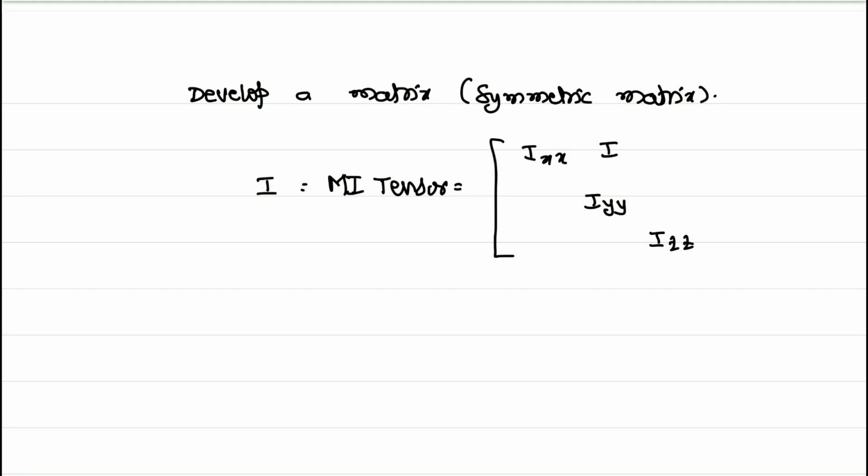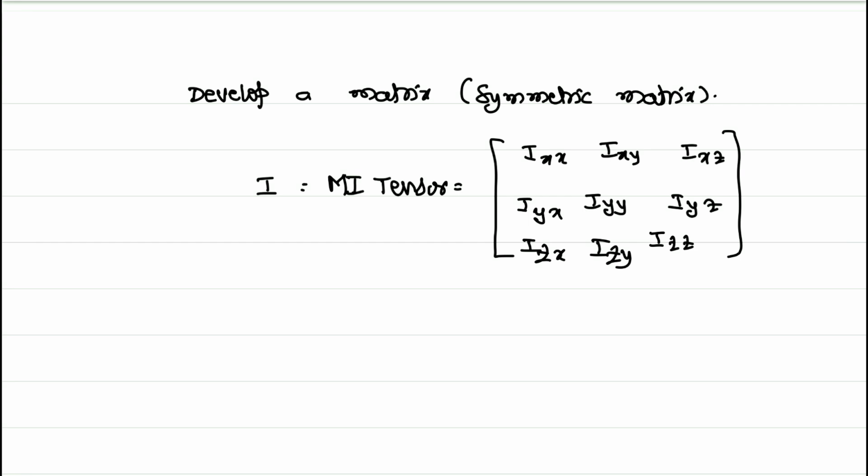When you go this way, Ixy, Ixz. If you go this way, it will be Iyx, both are same, and Iyz. Then Izx, Izy, and Izz. Very simple. Because we are proving it, it's taking a little more time. But in the examination, no proofs are asked in this JEE examination. They will give the question, they want the answer.